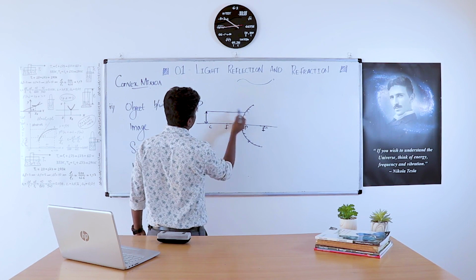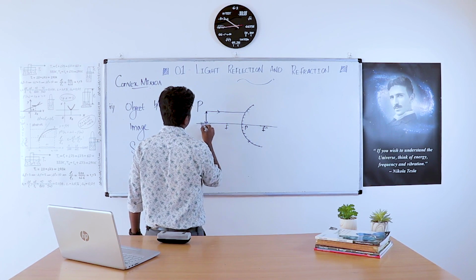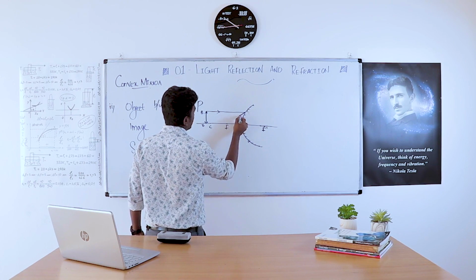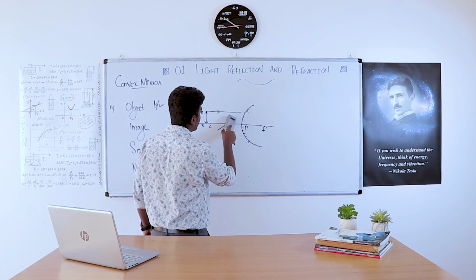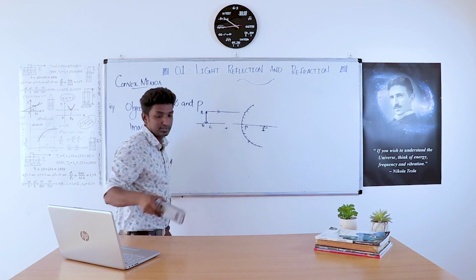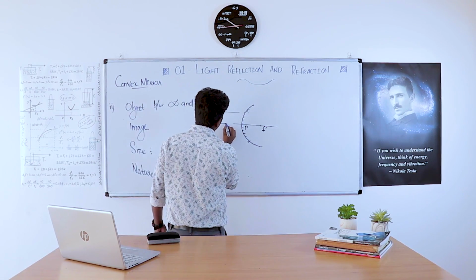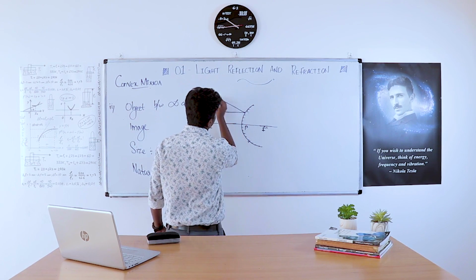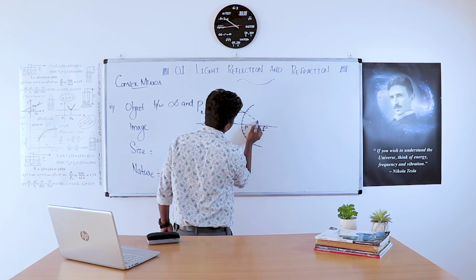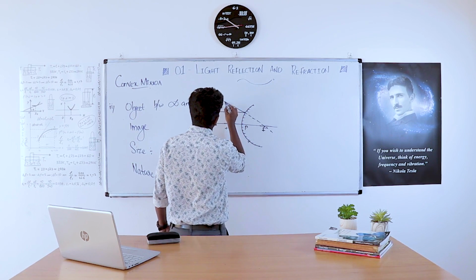First, a ray of light coming parallel to the principal axis. After reflection, sorry, this is the case of a convex mirror. So after reflection, it passes through the focus.